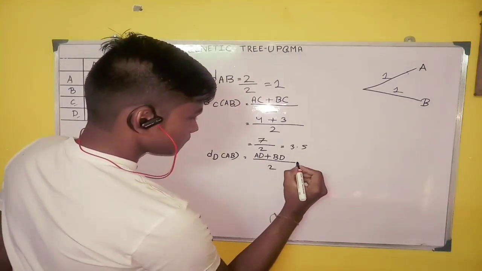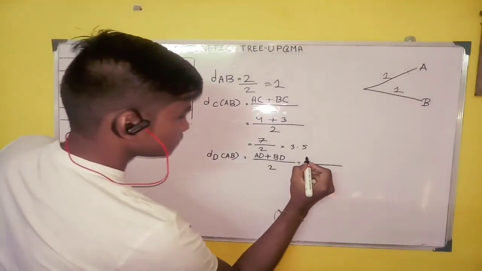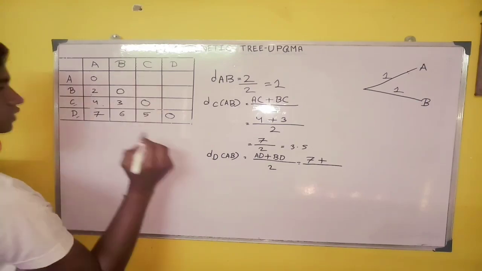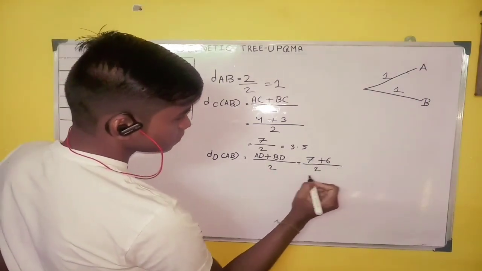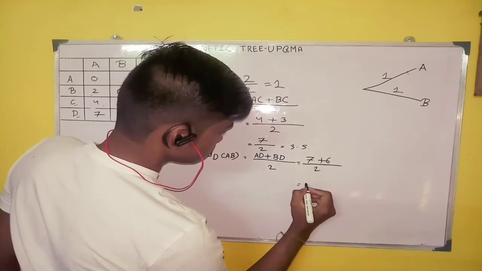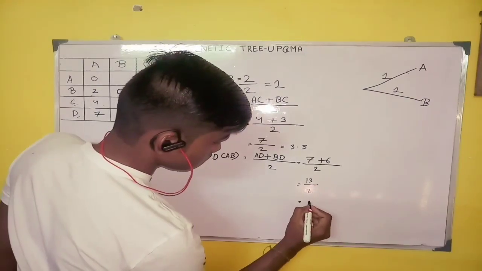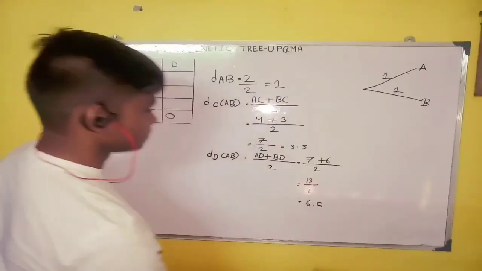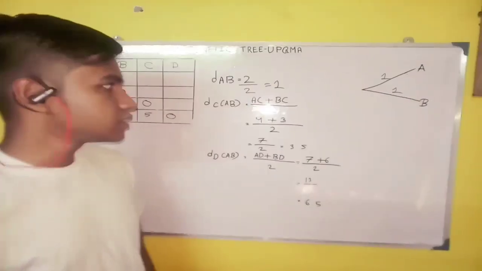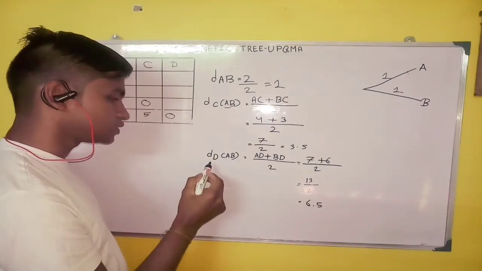AD is 7 plus BD, which is 6, so 13 divided by 2, and the answer is 6.5. So finally we have determined the distance of C in respect of AB and the distance of D in respect of AB.